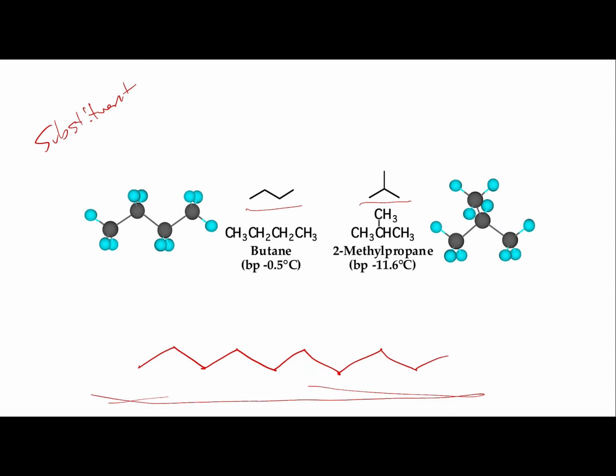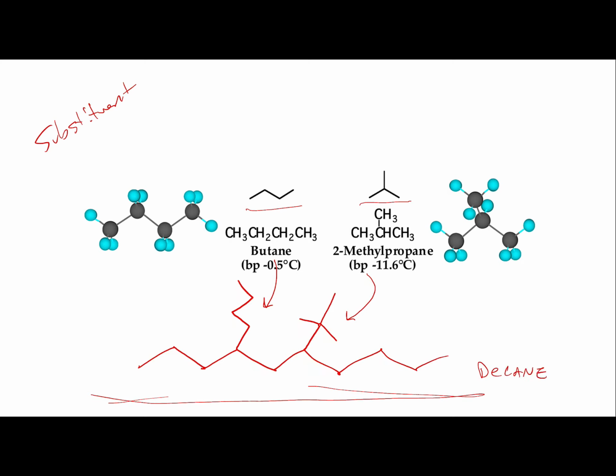So there's two ways that I could put a 4-carbon branch on here. I could, 1, 2, 3, 4, stick butane as a 4-carbon branch, or I can stick 2-methylpropane on to this long 10-carbon decane as a branch.